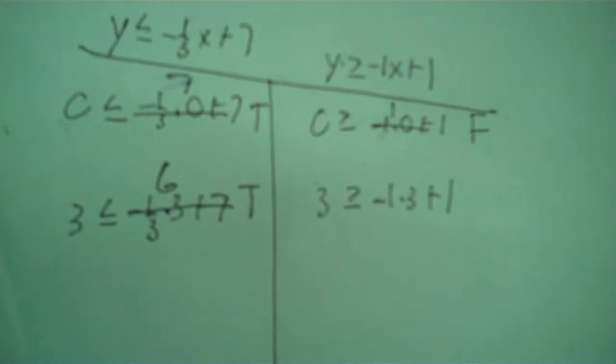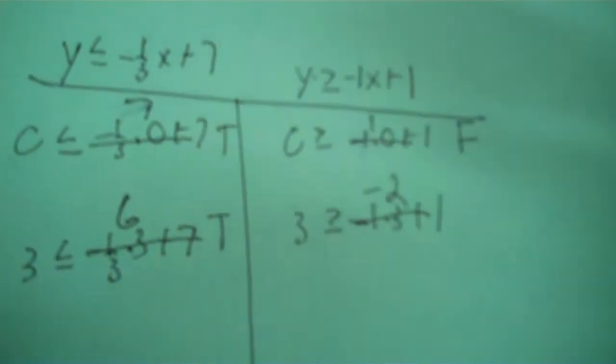So let's take negative 1 over 3 times 3 plus 7, 6. That's true. How about this one? If that's true, I'm done, okay? Yes, it's true. It eats 3. That's true. B's the answer. I don't need to go any further. Don't care about C, don't care about D. I got it, okay? All right, next one.